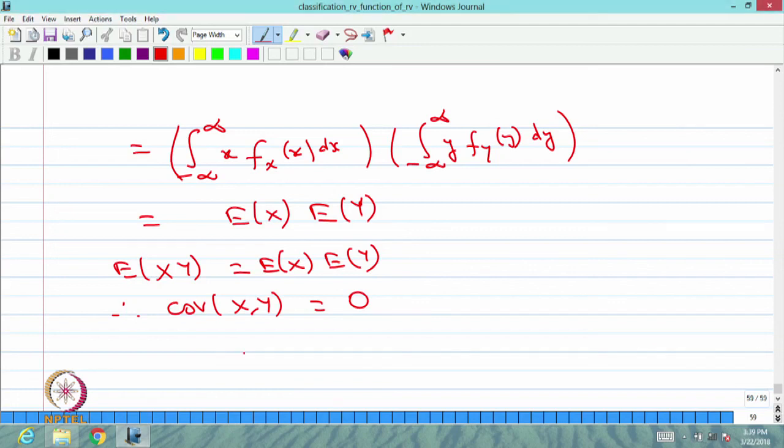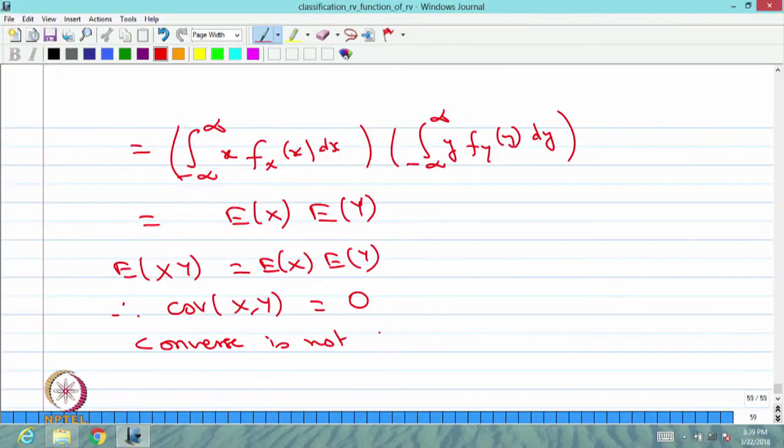The converse: if the covariance of two random variables x comma y is 0, that does not imply the two random variables are independent. That means the converse is not true.